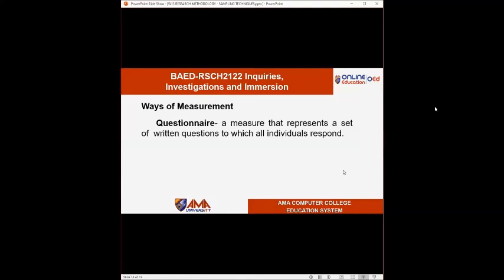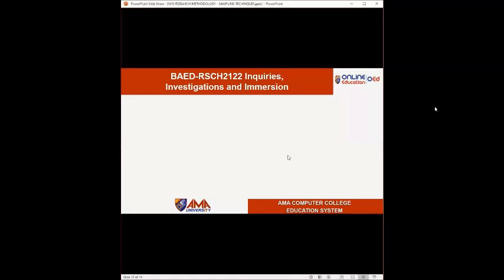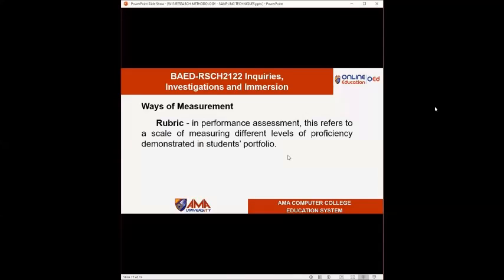Meron namang questionnaire. A questionnaire, a measure that represents a set of written questions to which all individuals respond. So, magamit din tayo ng questionnaire. Meron pa tayong rubric. In performance assessment, this refers to a scale of measuring different levels of proficiency demonstrated in the student's portfolio. Sample nito, ginagamit ito kasi sa halimbawa sa pag-evaluate.